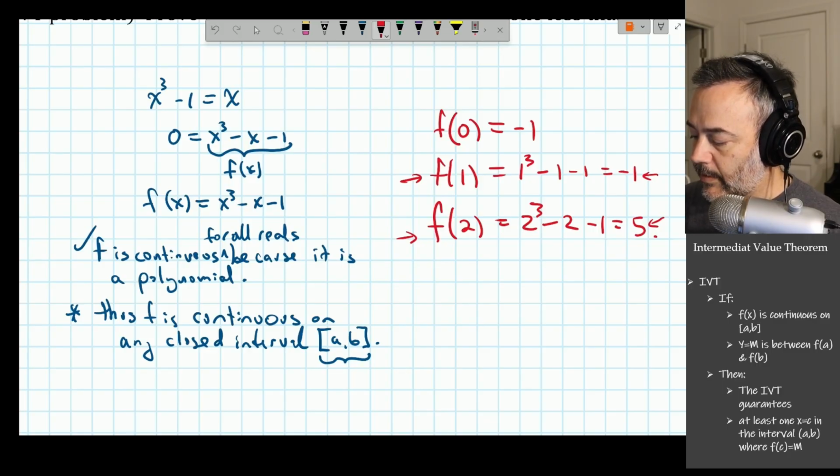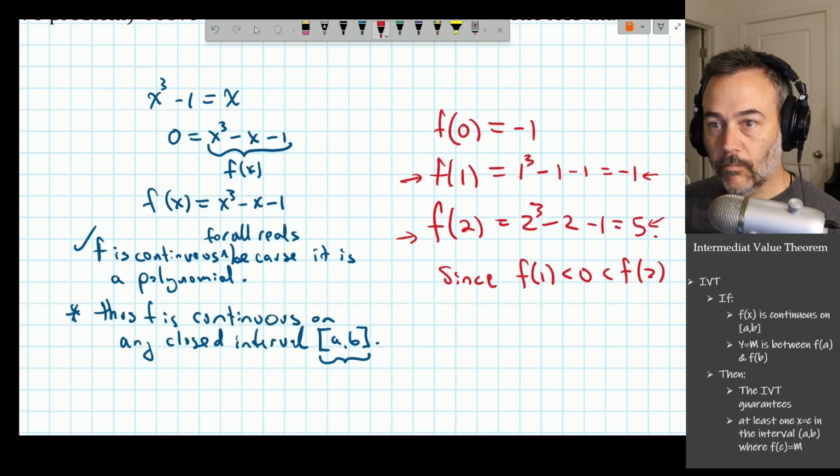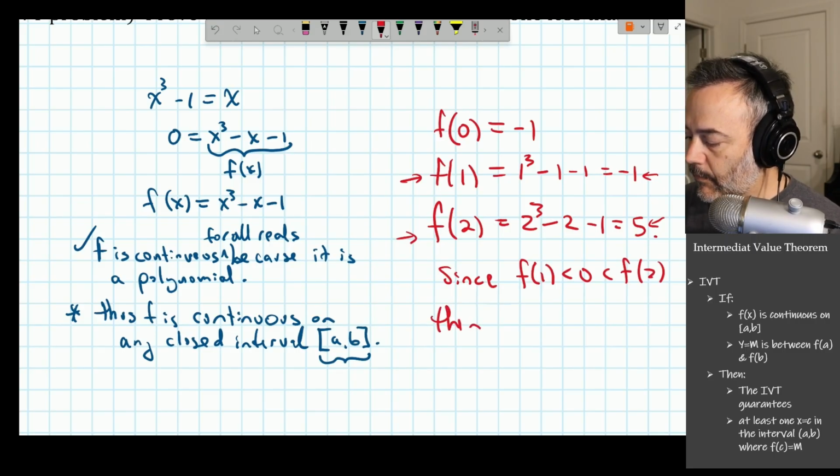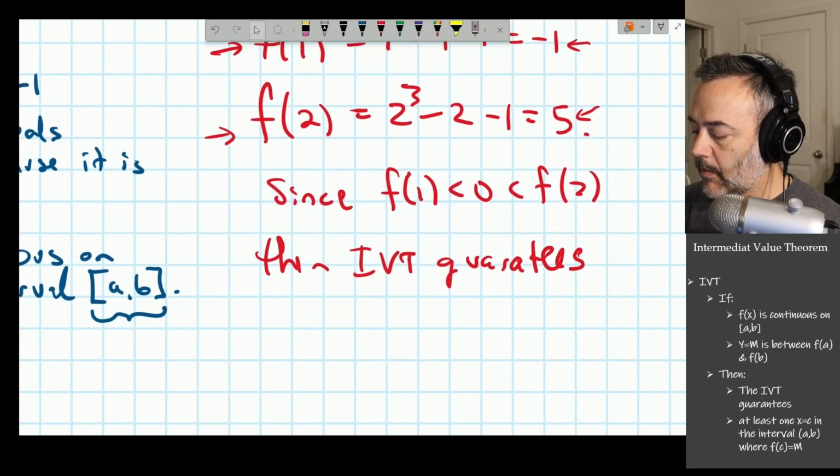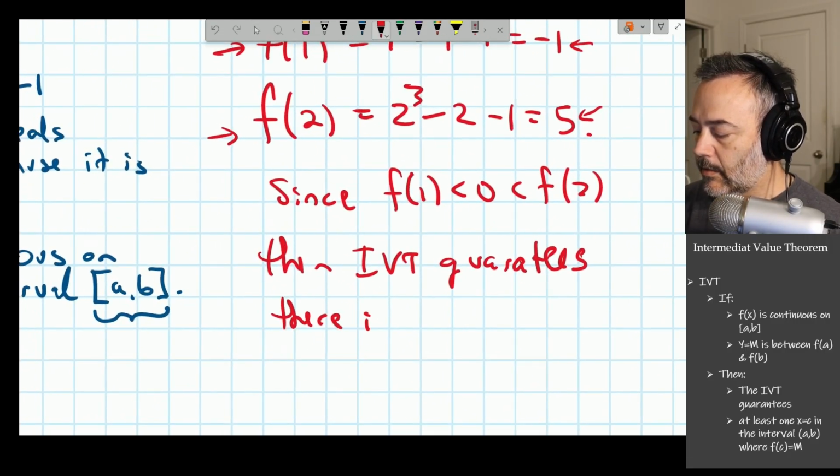So here's what we can say. Since f of 1 is less than 0, which is less than f of 2, then IVT guarantees there is an x equal to c in the interval from 1 to 2.